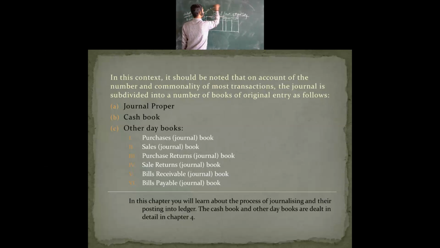This cash amount you are going to record in the cash book. This is one of the tricks you need to know. Then other day books. Day books means how much you have purchased, which you pass in the purchases journal book, then the sales journal book. If you have purchased goods and you are returning them due to damage or excess goods, that may be the reason.